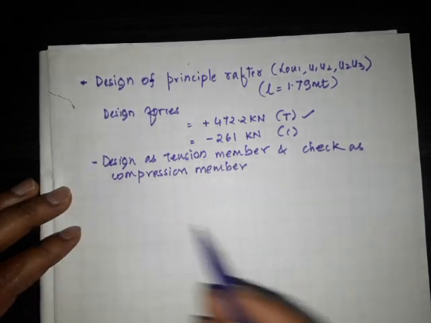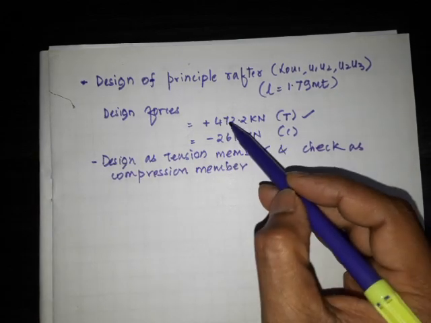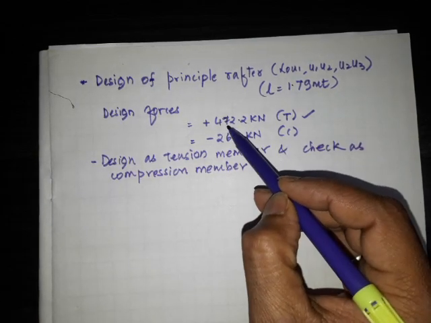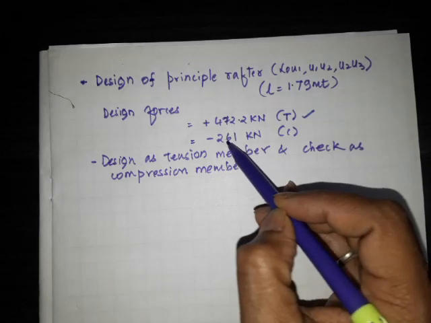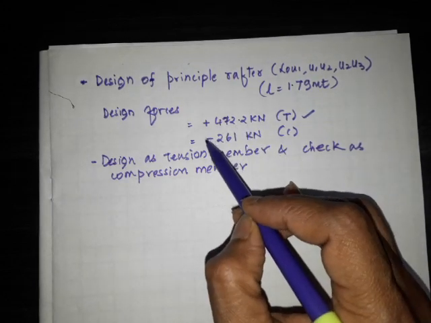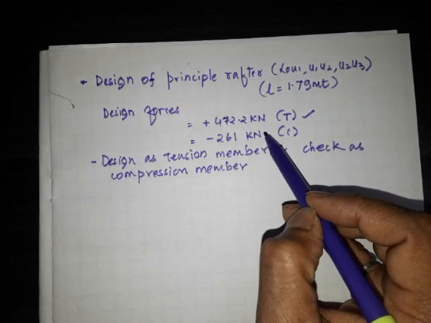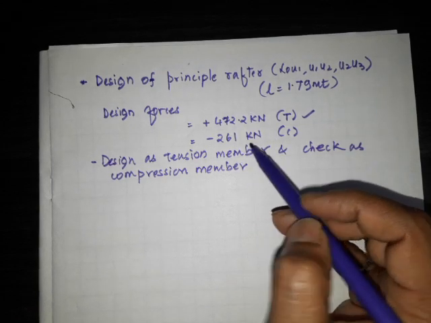Okay, so the member should be designed for tension because the maximum force is tension here, and the same member should be checked for compression, whether the member is safe to carry the force of 261 kilonewton.